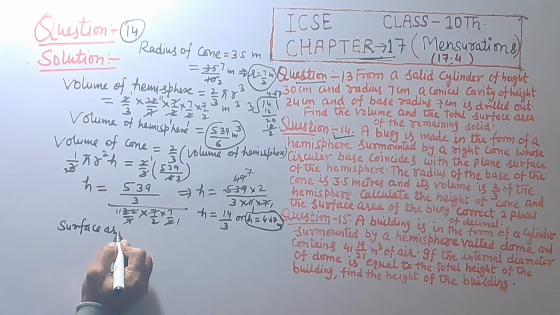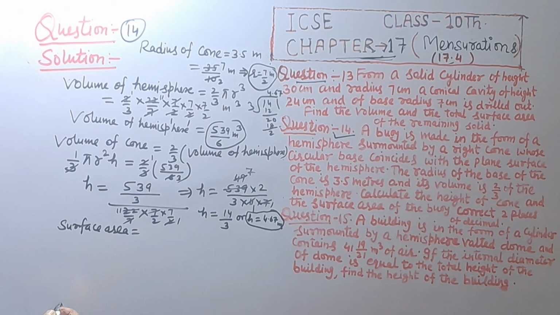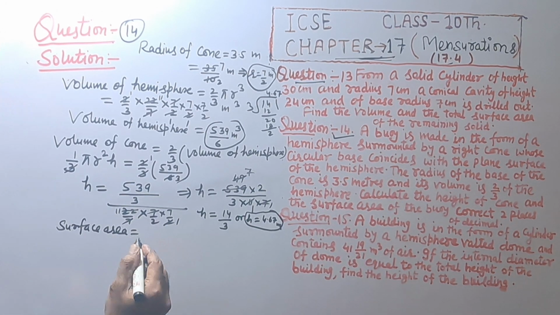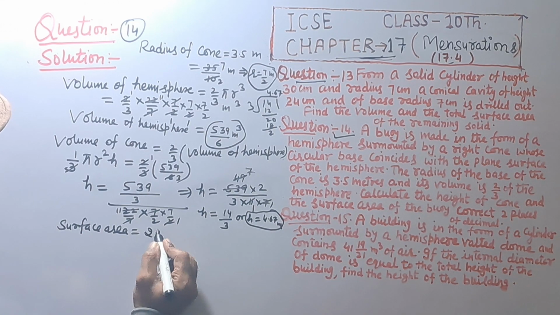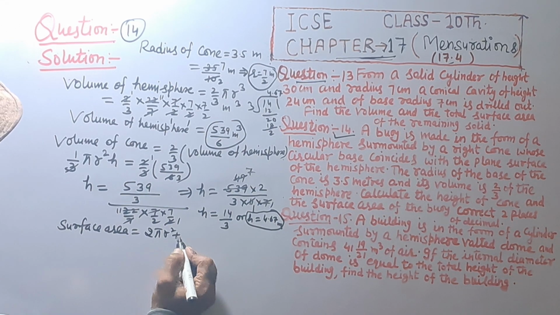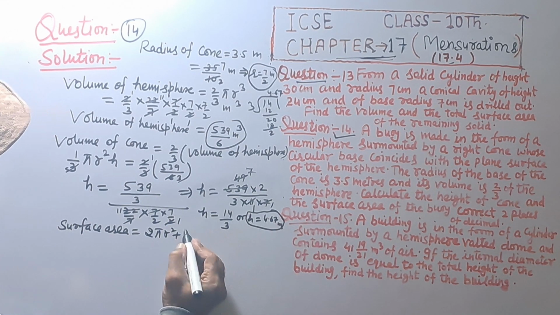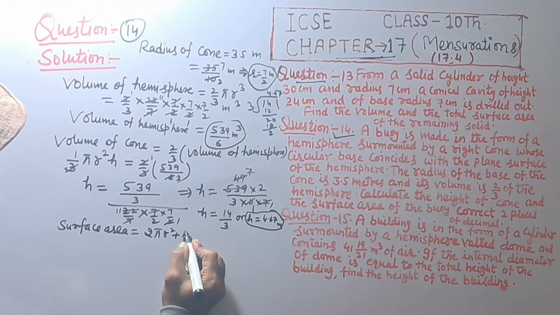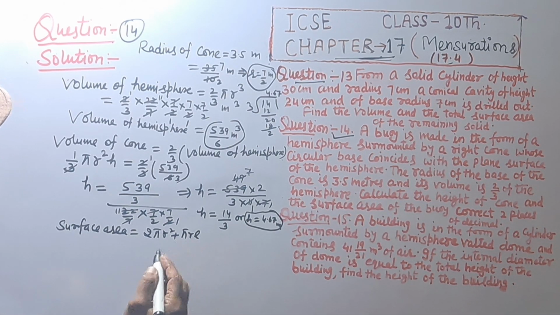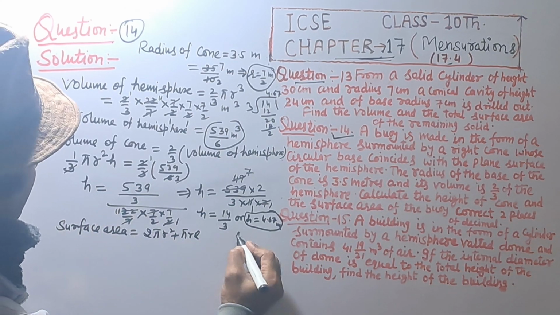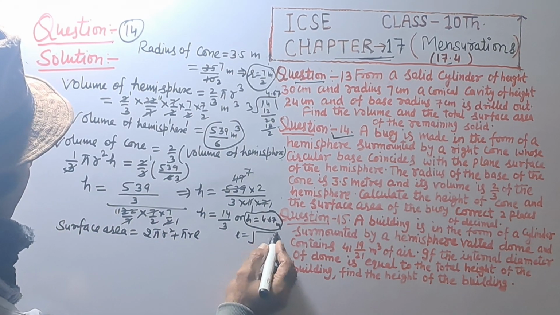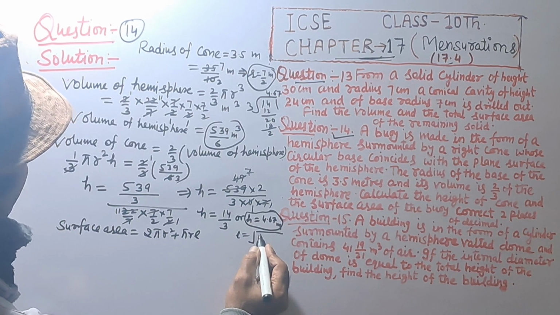Surface area equal to curved surface area of hemisphere is 2 pi r square plus curved surface area of cone, that is pi r l. And first we find l, that l is equal to under root of r square plus h square.